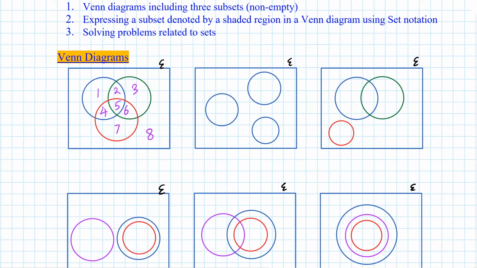That is the most general form. So in case you've been given a question including 3 subsets, but the Venn diagram is not presented, this is the one you should be drawing.